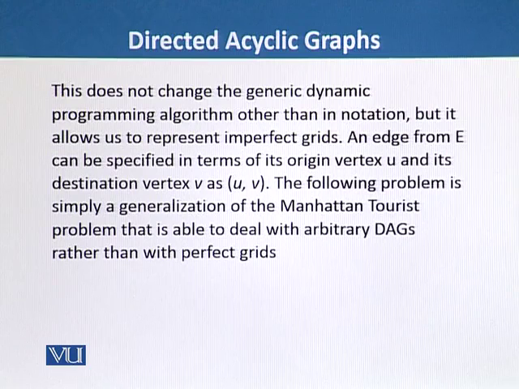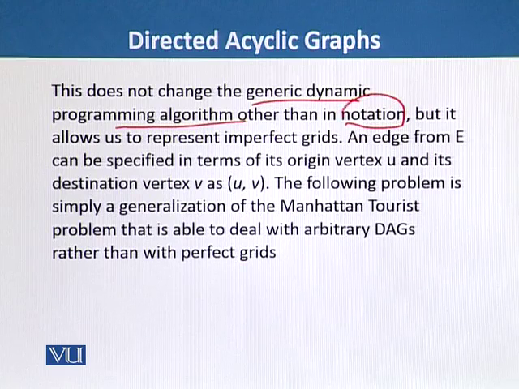The theme will remain the same, but there will be some changes in the weights of the graph. That is, the vertex will be a single integer, and this does not change the generic dynamic programming algorithm other than in notation. In the Manhattan tourist problem we use the value in the form of a pair, but a single integer allows us to represent imperfect grids.